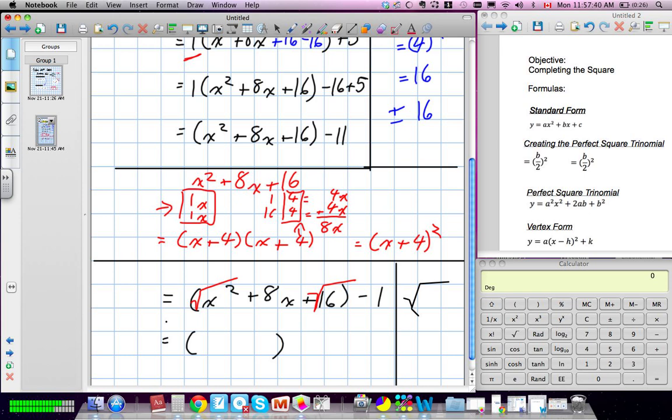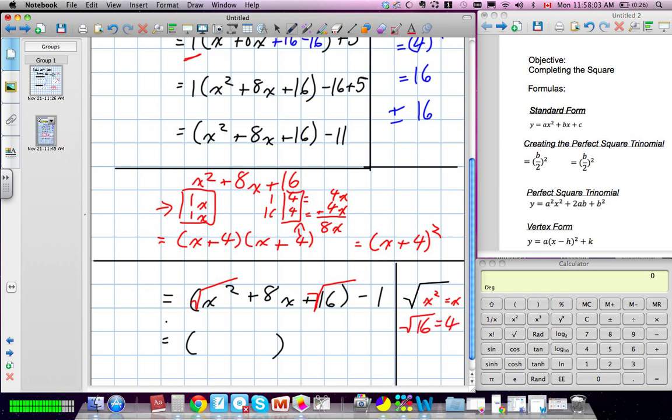So is that -1 or -11? Oh, it should be -11, you're right. We're finding the square root of x squared, which is going to be x.